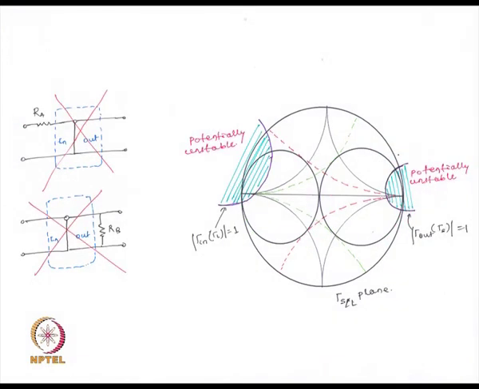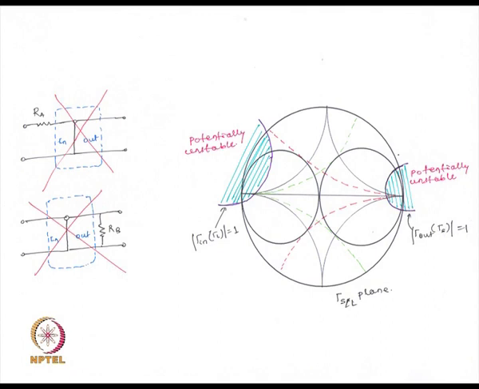In some cases it may not be possible to obtain this. For example, if our input stability circle is like this, it does not really touch any constant resistance circle. Or if our output stability circle is like this, here also it does not touch any constant conductance circle.